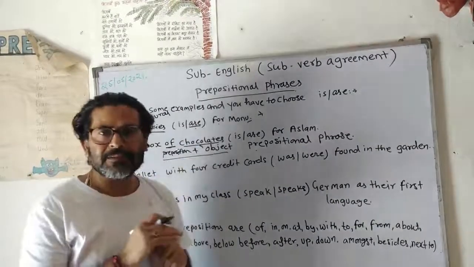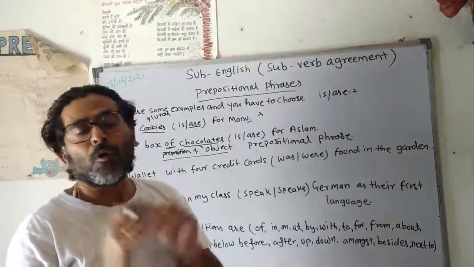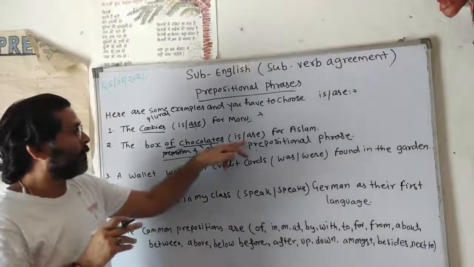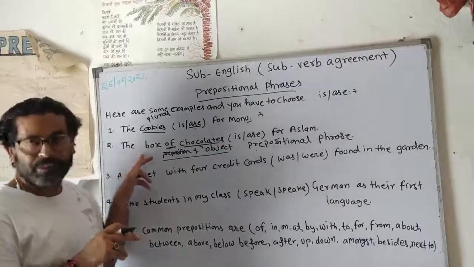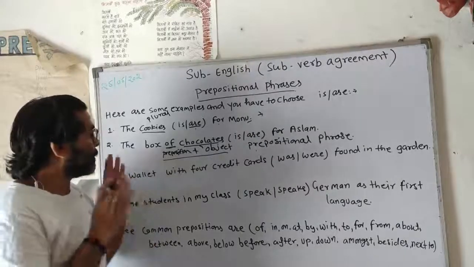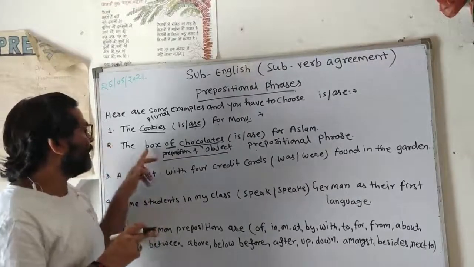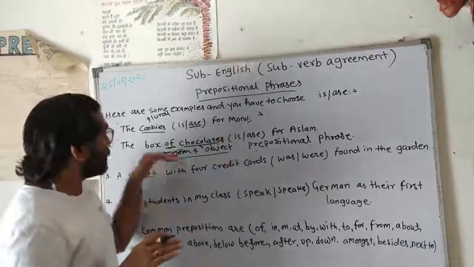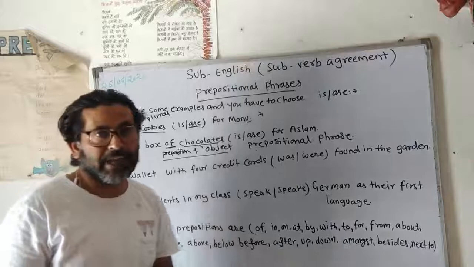And what does a prepositional phrase do? A prepositional phrase always comes between the noun and the verb, and a prepositional phrase always describes the noun.